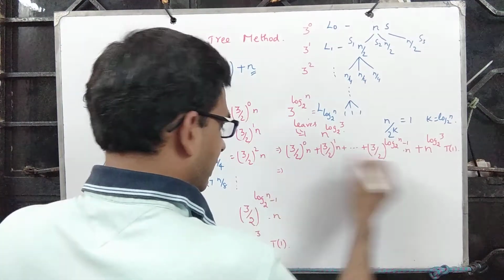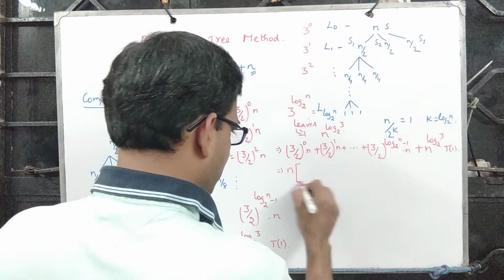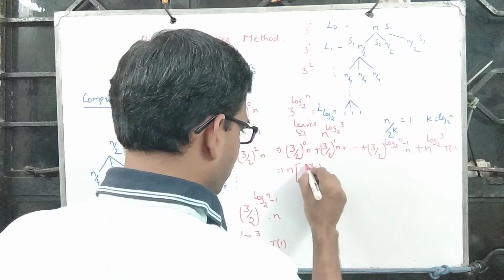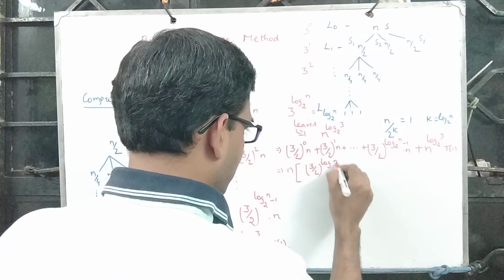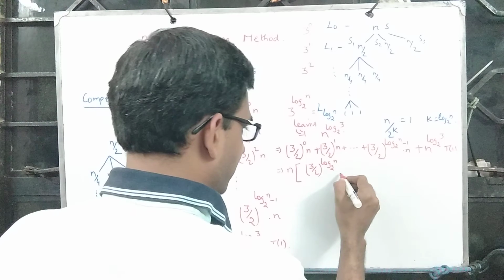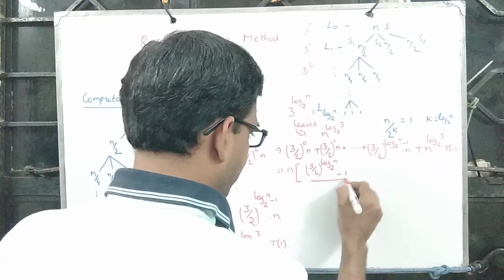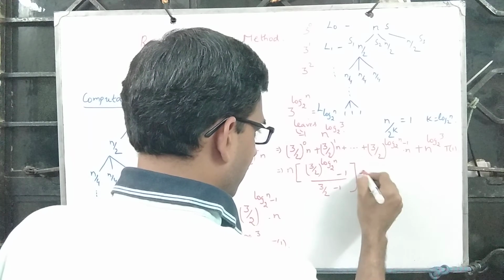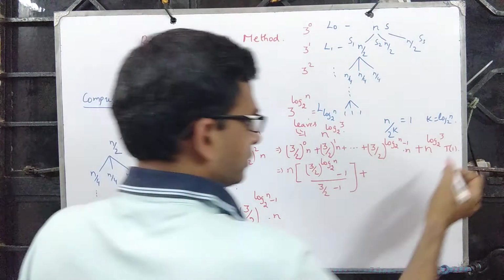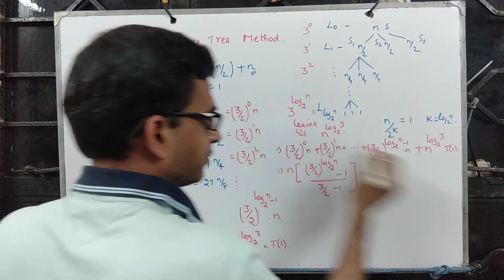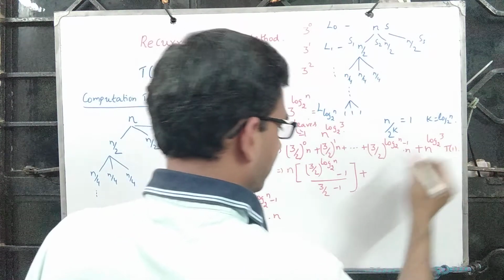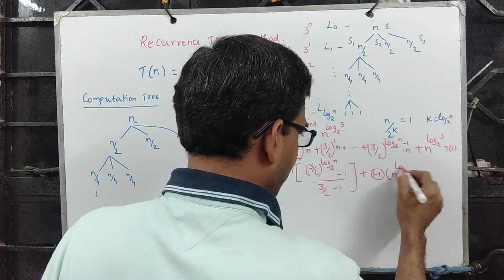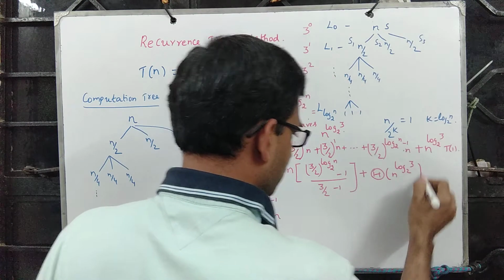Now you can take n out. On simplification, you get 3 by 2 to the power log n base 2 minus 1 plus 1 minus 1 divided by 3 by 2 minus 1, plus this one, T of 1 is 1, so 1 into n power log 3 base 2, that is precisely theta of n to the power log 3 base 2.